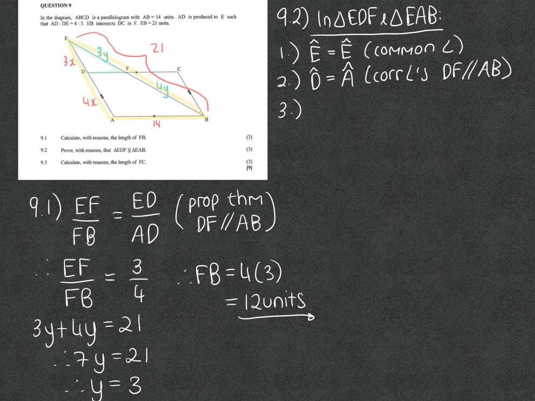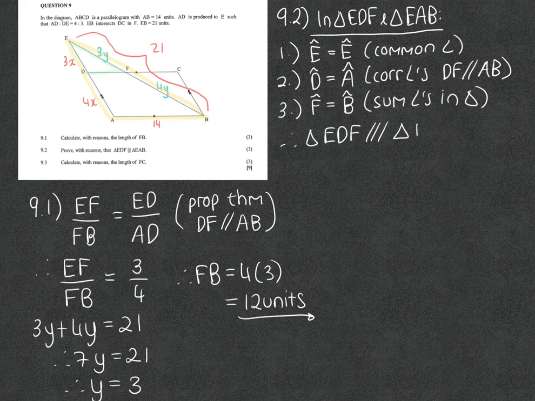And then your third angle in similarity will always be equal. So F in the small triangle is equal to angle B in the big triangle. And that's always because of sum of angles in a triangle. Therefore, triangle EDF is similar to triangle EAB. Reason, angle, angle, angle.